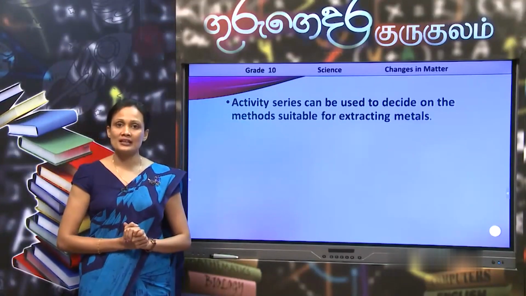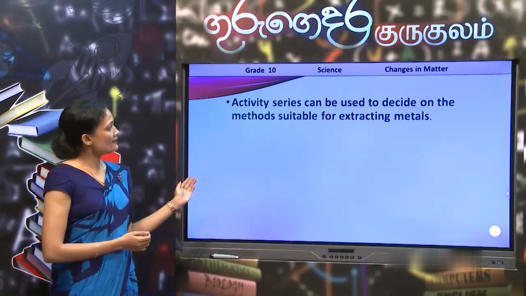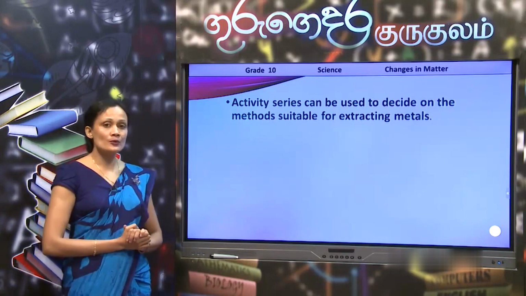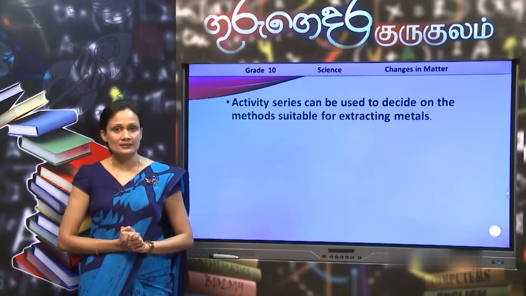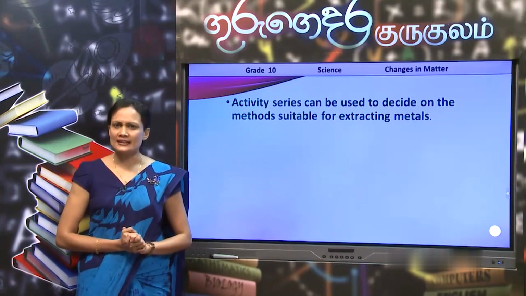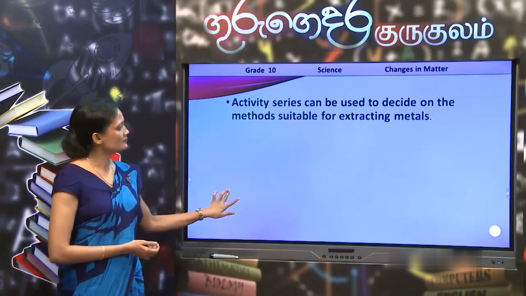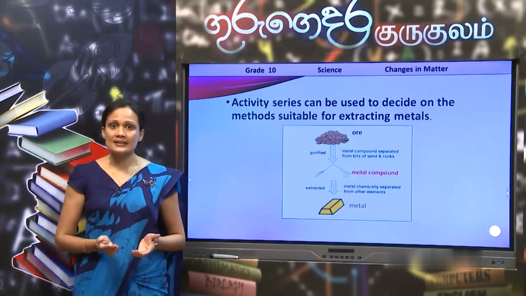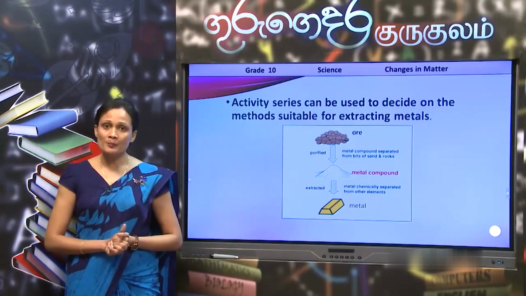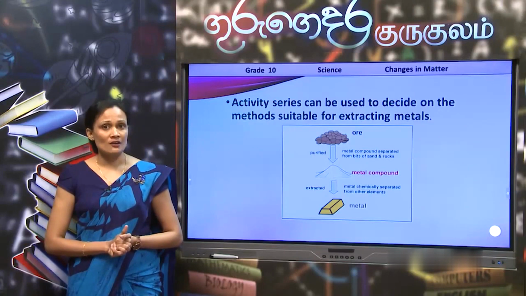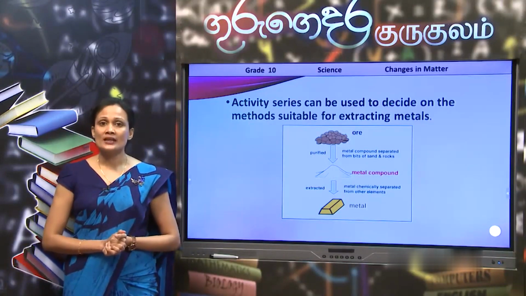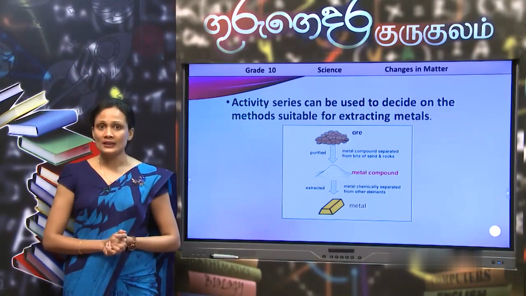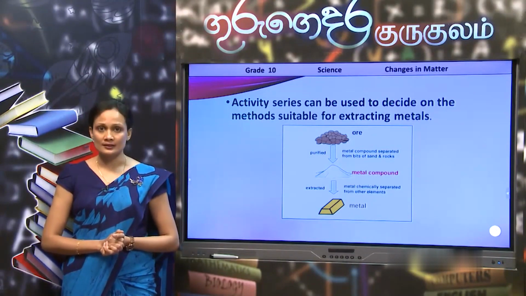Another use of the activity series is that it can be used to decide on the method suitable for extracting metals. What is meant by extracting metals? Metals are mainly present in nature as their compounds because of their reactivity. So we can find the metallic compounds as ores in different places on the earth.